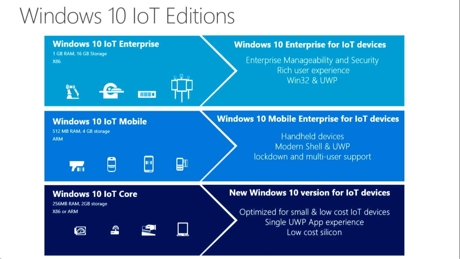So those are the different SKUs out there. And the IoT Core, you can see it's geared towards low memory footprint and low storage. It really runs a single application, or a single kiosk-based application, at once. You can run background applications. It runs Universal Windows applications, and it's built for low-cost silicon, things like the Broadcom chips and things like that.